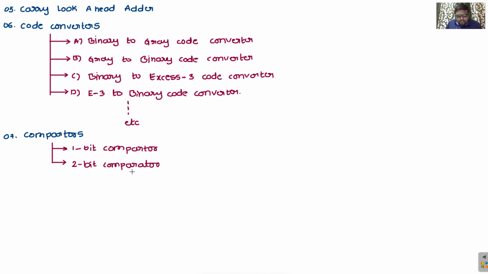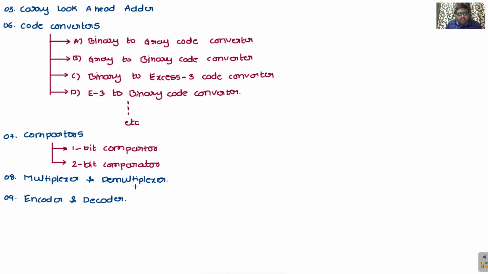So the eighth topic is multiplexer and demultiplexer, and the ninth topic is encoder and decoder.